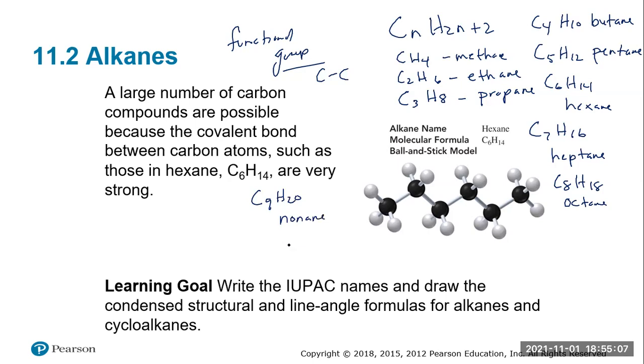And lastly, 10 carbons and 22 hydrogens would be decane. You can see that these are all alkanes, A-N-E. Every single one of these ends in A-N-E, all the way across.